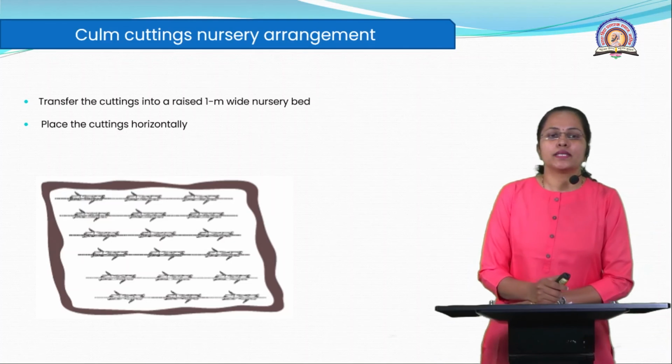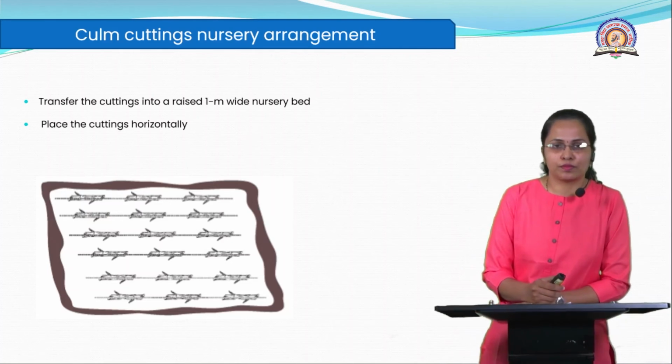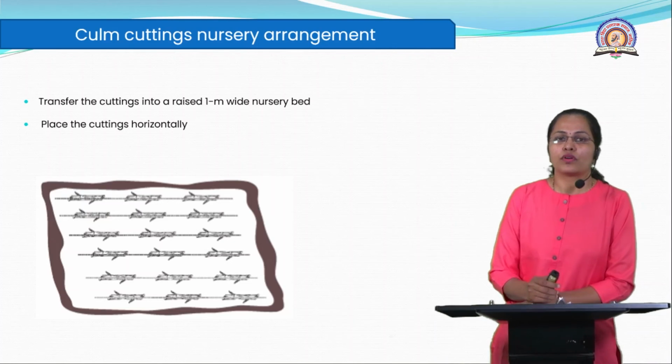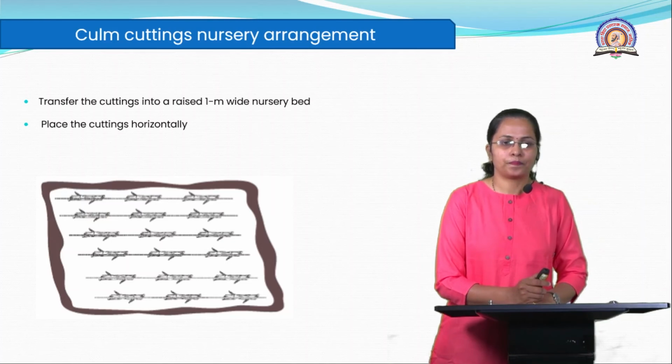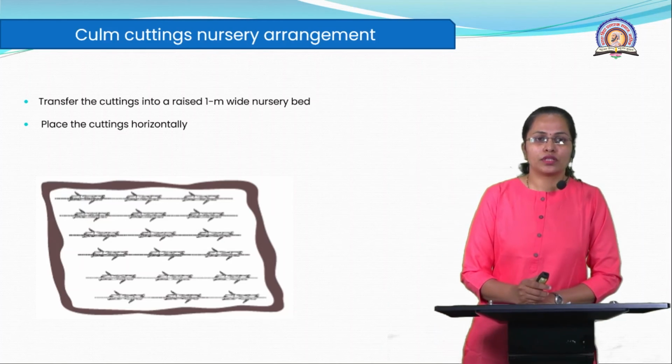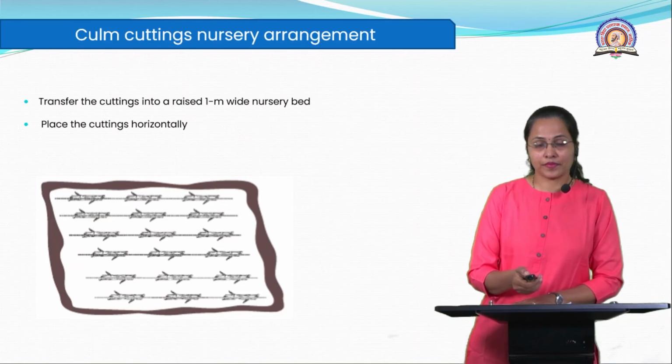Remember, this is the most efficient and low cost method for the production of bamboo plantlets by using clump cutting. Okay, so this is about the vegetative propagation by using clump cutting.